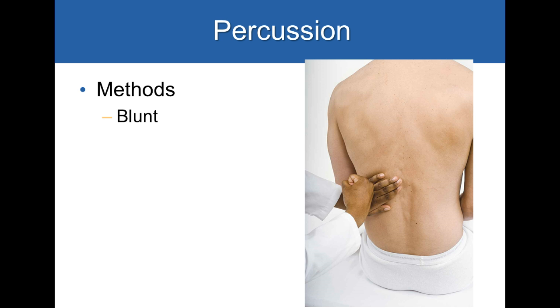Blunt percussion is when the provider has the palm of their non-dominant hand flat against the body surface and then strikes the back of the hand with their other dominant hand, and they're listening to the sounds from that percussion. And in this picture you see that they're using percussion over the kidneys.